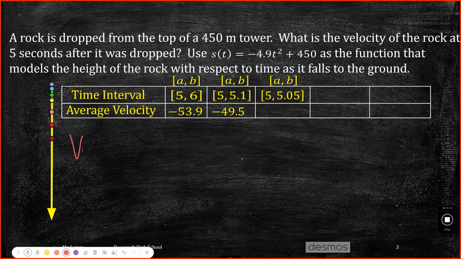The velocity will be approximately 0.05 at the bottom. f of 5.05 minus f of 5, over 0.05.